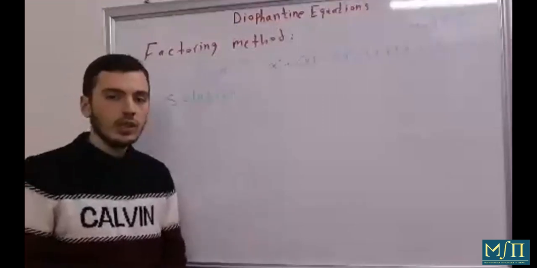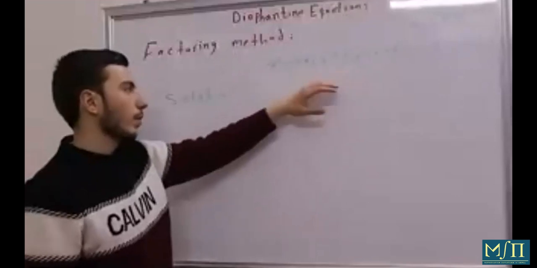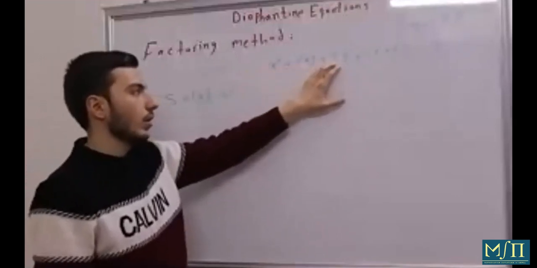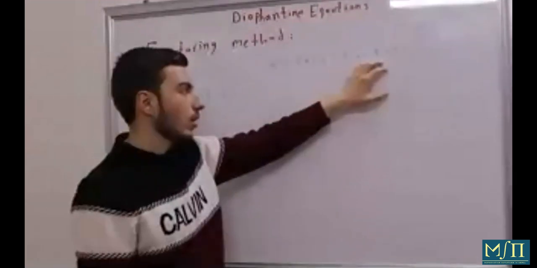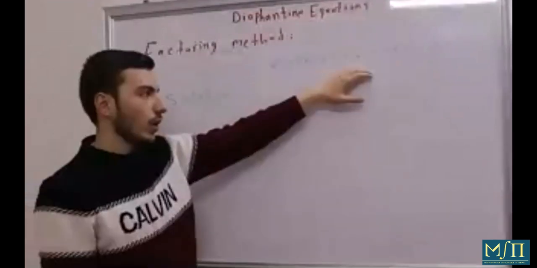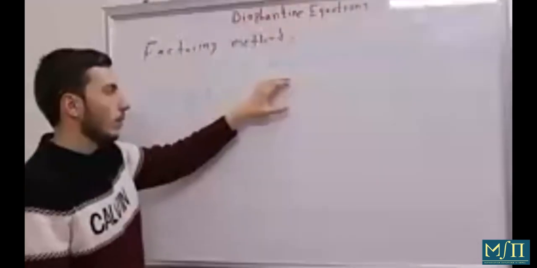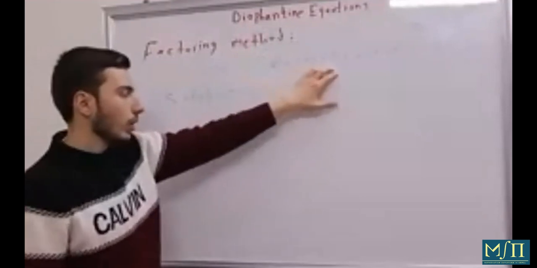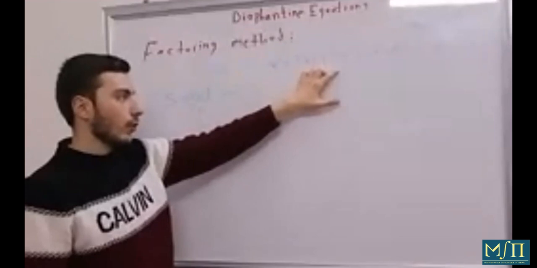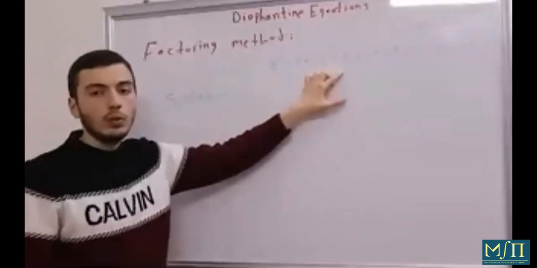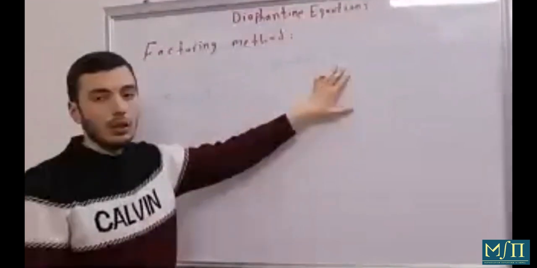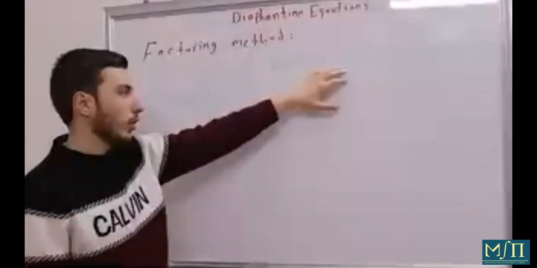So let's discuss the solution. First, we have x squared plus 6xy plus 8y squared plus 3x plus 6y equals something. How can we factorize the left-hand side? If we take a close look at x and y and compare their coefficients, we realize that the coefficients of y are always greater than those of x.